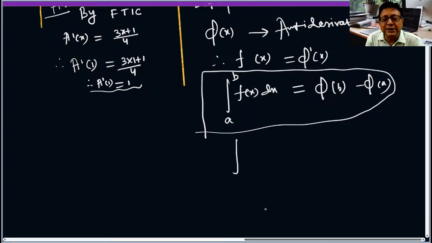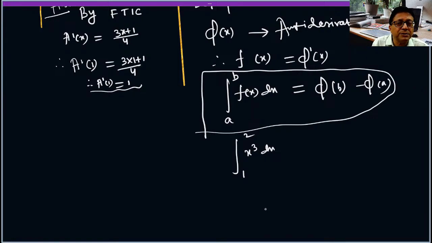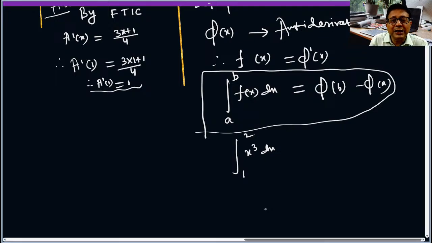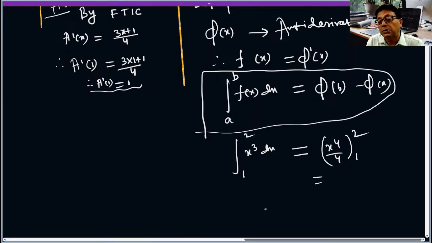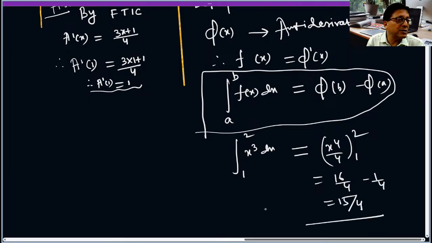If they have asked you to integrate, say, x cube dx from 1 to 2, you have to find a function whose derivative is this function, that is the integration of this. What is the integration of x cube? x to the power 4 by 4, from 1 to 2. 16 by 4 minus 1 by 4.